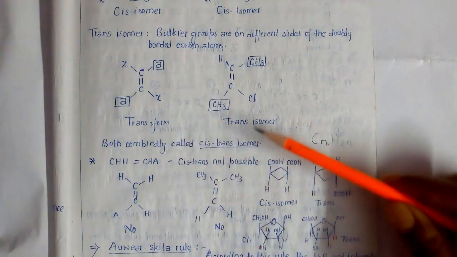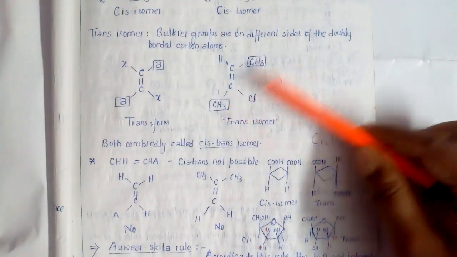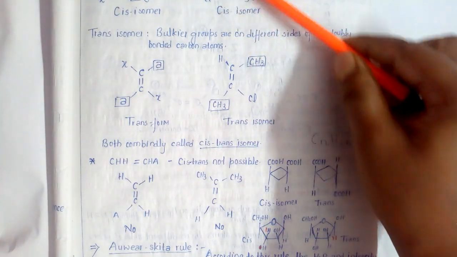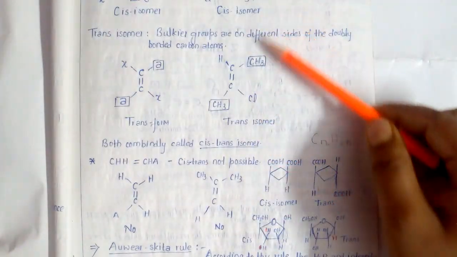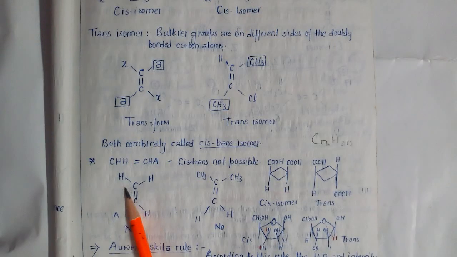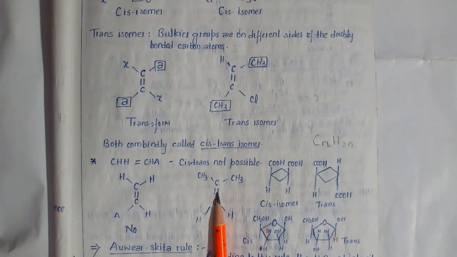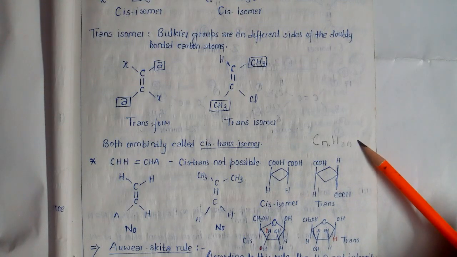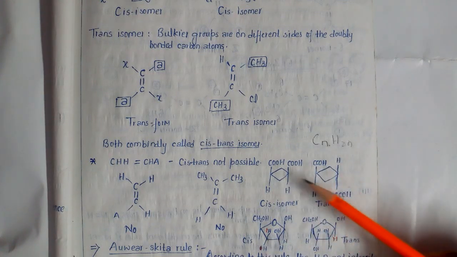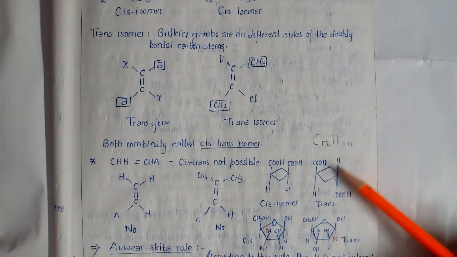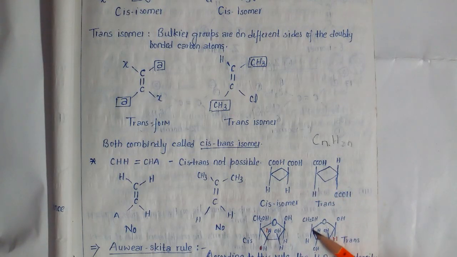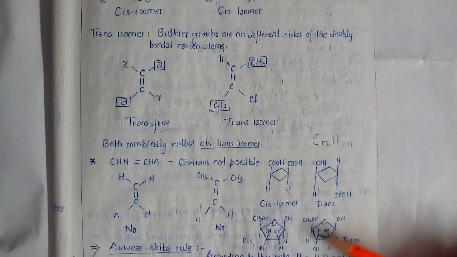For example, this is the trans form and this is the cis form, for identification purposes. But these two types of molecules never show cis-trans isomerism, while like alkenes, cycloalkane compounds can also exhibit cis-trans isomers, as well as heterocyclic compounds.